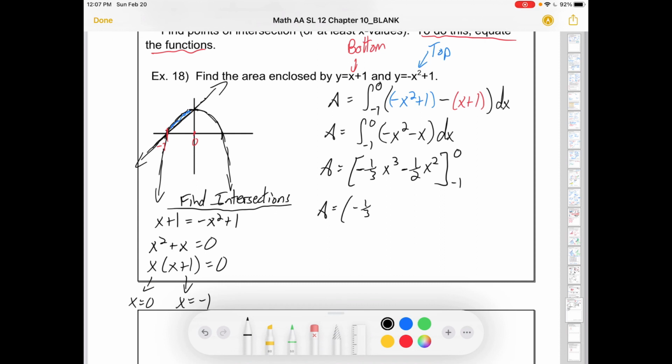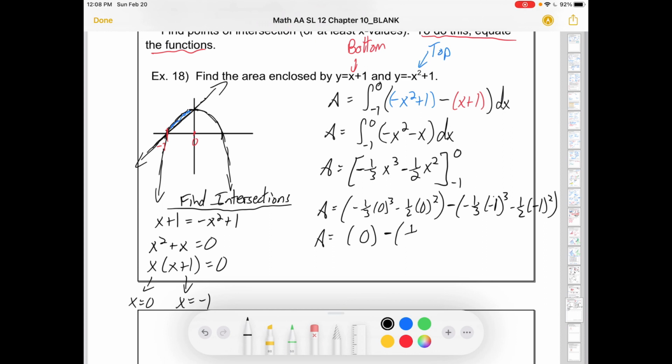So -1/3, 0 cubed, minus 1/2, 0 squared. The other one, we had better be careful. Look at all these negatives. Good grief. So -1 cubed minus 1/2, -1 squared. Okay, that first big bracket just turns into 0. The next one, we'll have negative times a negative cube.